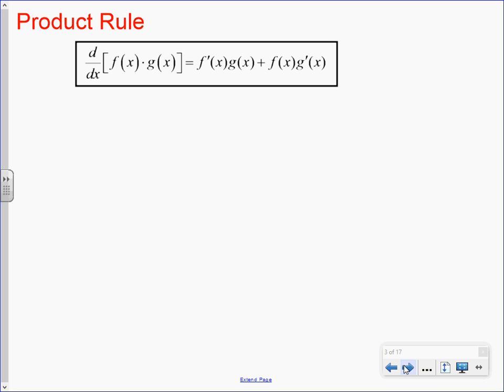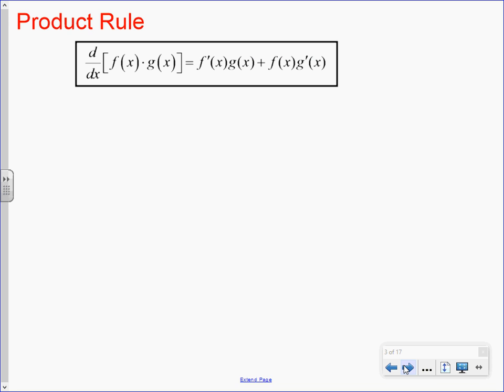So the product rule can be used to find a derivative anytime you have a product of 2 functions. Now I would not use it for something like 5 times x squared, because 5 is just a constant. We can use that rule, but on the equation that I had on the first slide, if we had a product of 2 polynomials, instead of multiplying them out, we could use this rule.